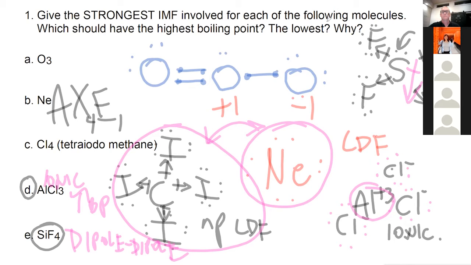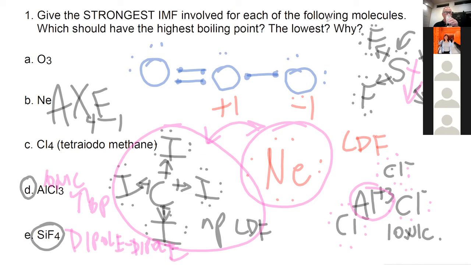Wouldn't it be the neon because it's just one element? It is neon, but it's not because it's just one element. How do nonpolar molecules increase their London dispersion force?